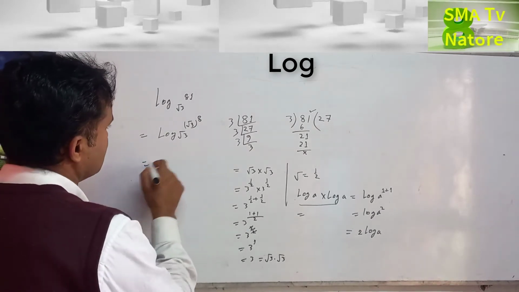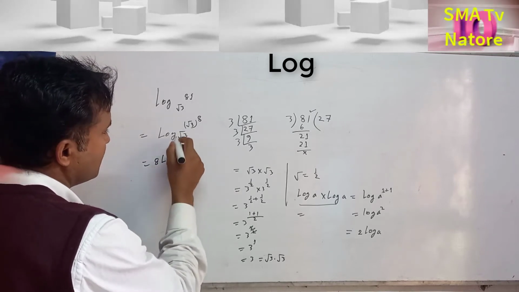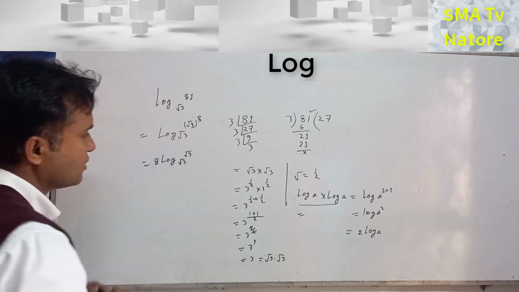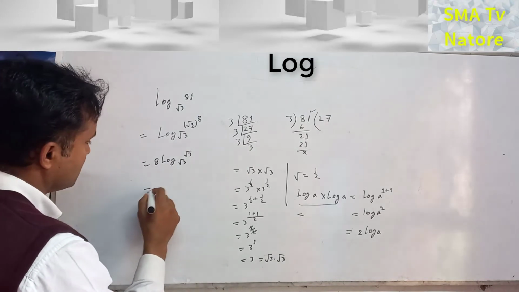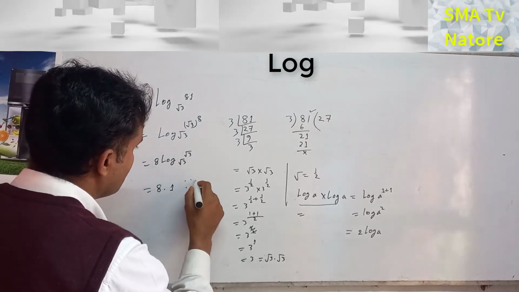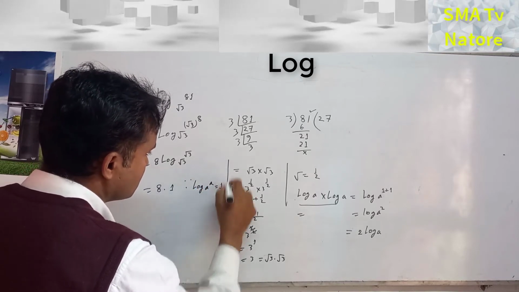So 8 will come first, and next one is log, next one is root 3, and the power is root 3. So if the same power, the result is 1, so 8 into 1. Why? Because log a to the power a equals 1.